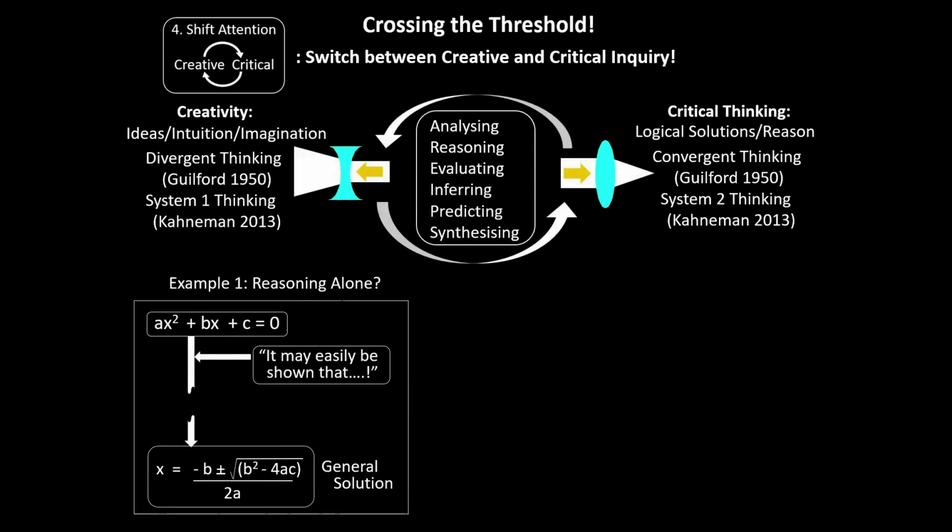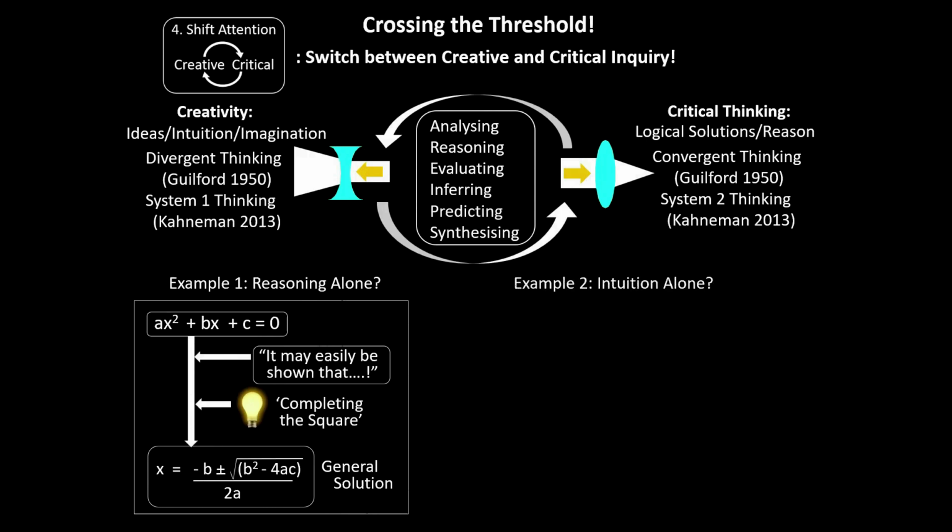There's a big gap on the way to finding that general solution, and that gap needs a creative insight. And that insight is a technique called completing the square. If you're not familiar with that technique, it's highly unlikely you will actually arrive at that solution. Again, reasoning alone will not solve problems. We need to jump between creativity and critical thinking to get a solution.